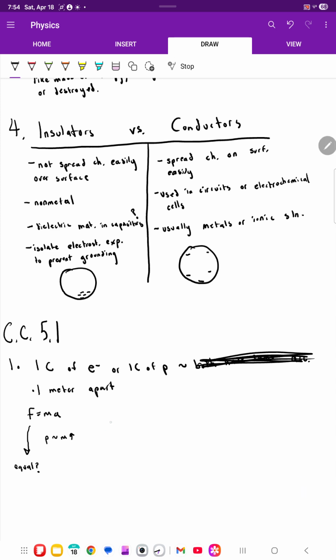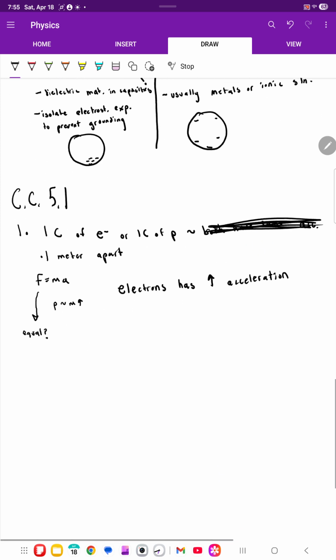So I would say electrons have greater acceleration.